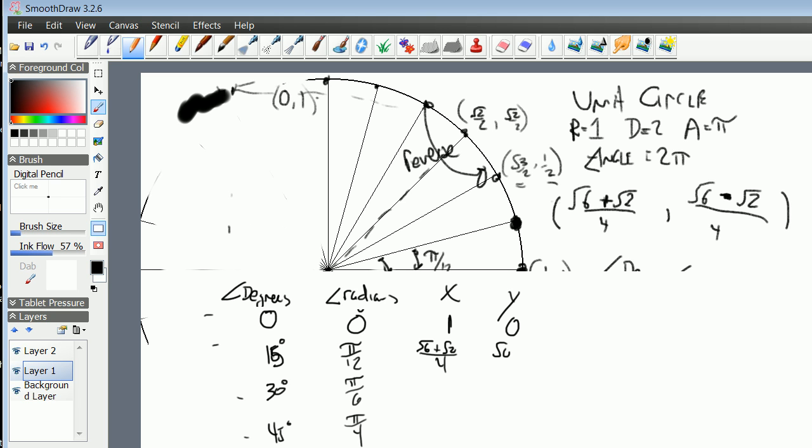And this is the square root of 6 minus the square root of 2 all over 4. This one, the x is more than the y. It's the square root of 3 over 2, square root of 3 over 2, and this is 1/2. And the tangent of 45 is 1, or these are the same, the square root of 2 over 2, the square root of 2 over 2.